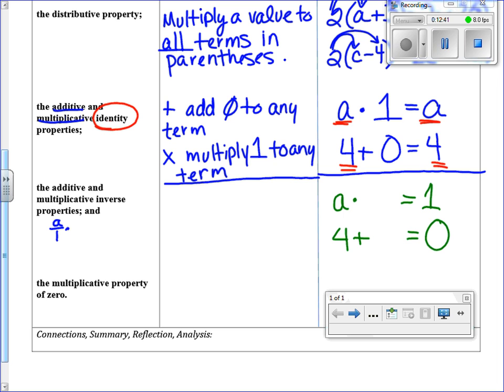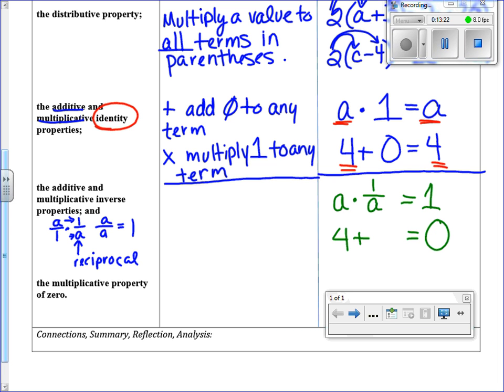And its reciprocal is 1 over A. That's the reciprocal of A over 1. Or it's its multiplicative inverse. A equals A over 1. So if I multiply this, remember multiplying fractions, A times 1 is A, 1 times A is A, and A divided by A is going to equal 1. So if I multiply A times 1 over A, I get 1.